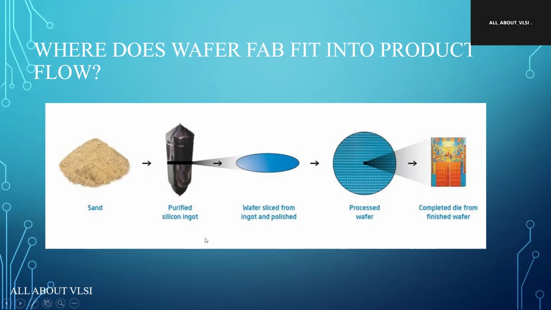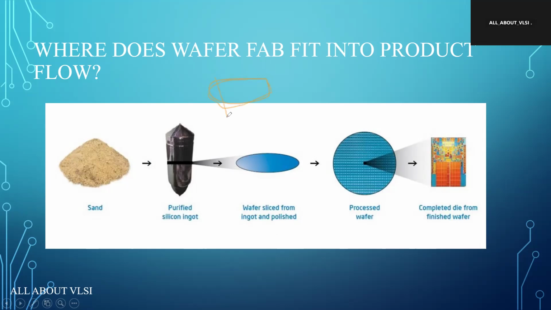So after that, when silicon ingot is prepared, this is how it looks like. It is similar to a cylindrical shape, right? So let us assume this one is a cylindrical shape.